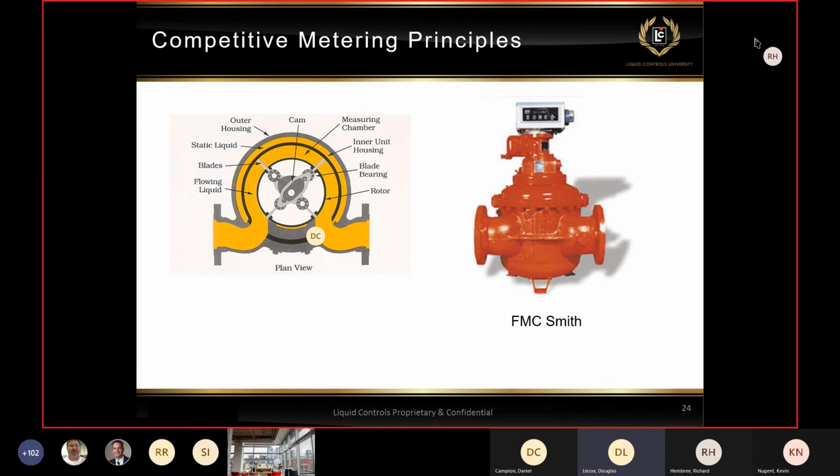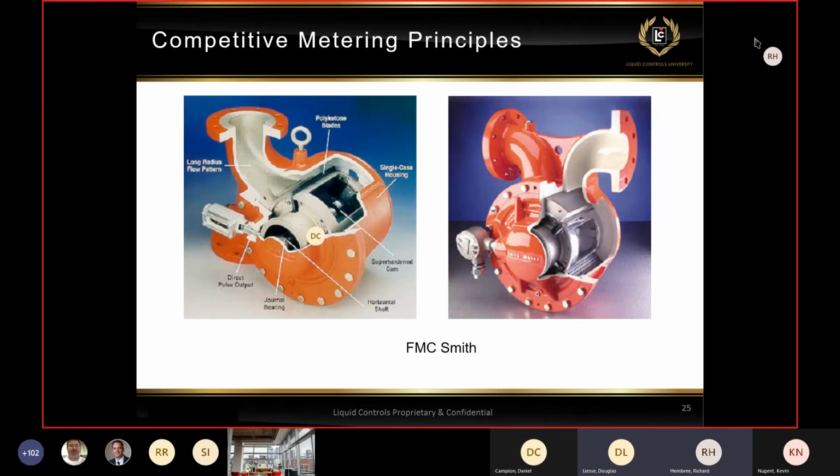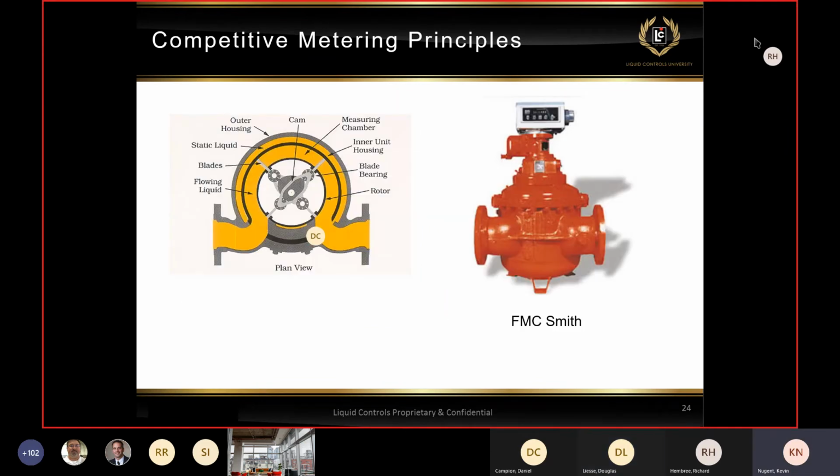This is another of the FMC Smith meters, it's the Prime 4. Instead of having the rotor in a vertical position, they have their rotor in a horizontal position. It does help their stability, because going back to the other slide, there's a bearing at this point for the shaft of the cam.